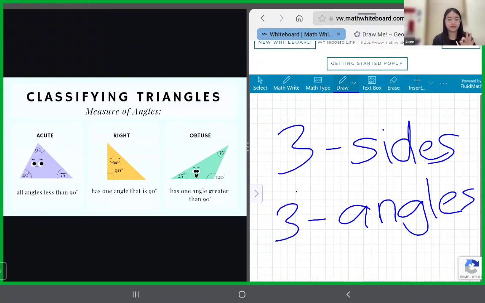But if there is one angle that is 90 degrees, then we call it a right angle triangle, the middle one. And if there is one angle greater than 90 degrees, then we call it an obtuse triangle, the third one. In the third one, one angle is 120 degrees, right? So this is an obtuse triangle. Okay.